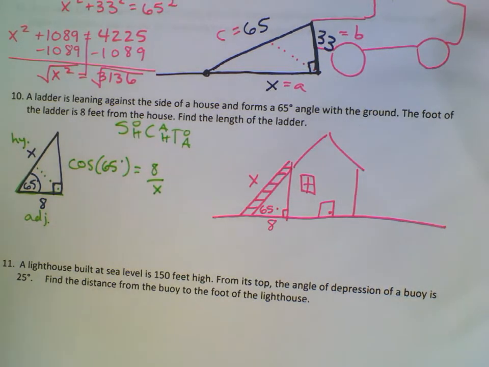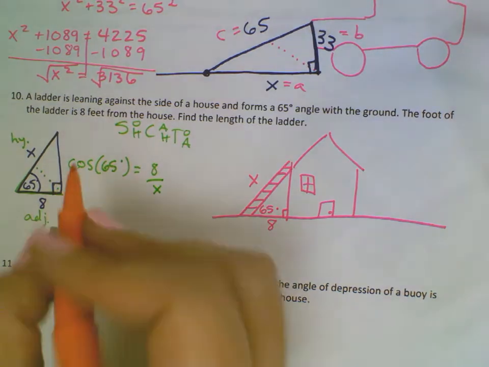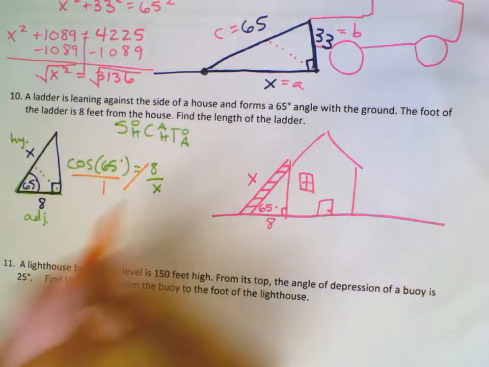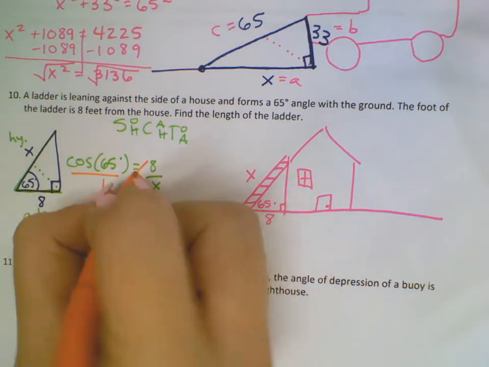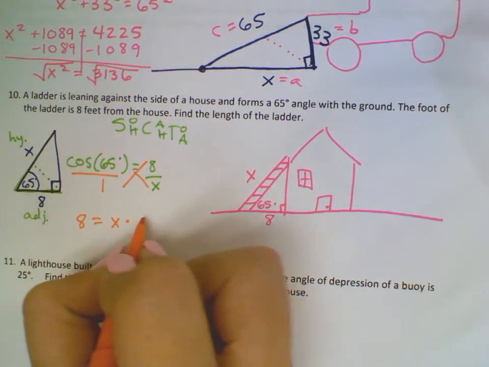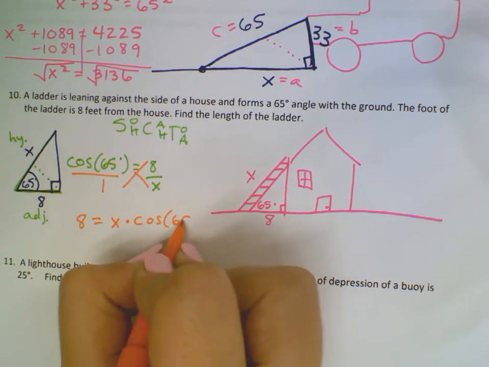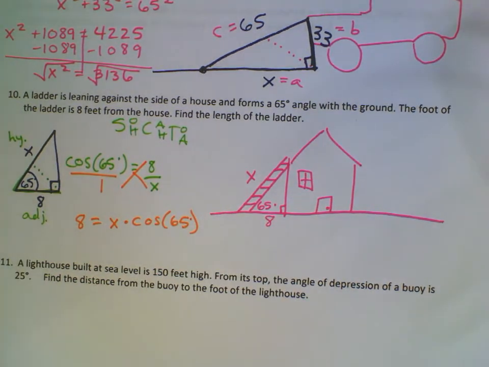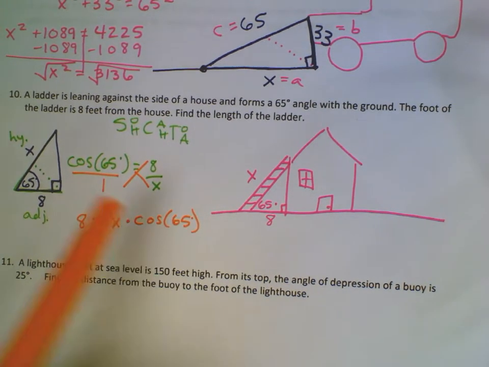In order to solve this, we need to put cosine over 1 so that we can cross multiply. Then we say 8 times 1 is 8, x times cosine of 65 degrees. Now, we need to do the inverse operation of multiplication here. If we're multiplying, how can we undo multiplication?